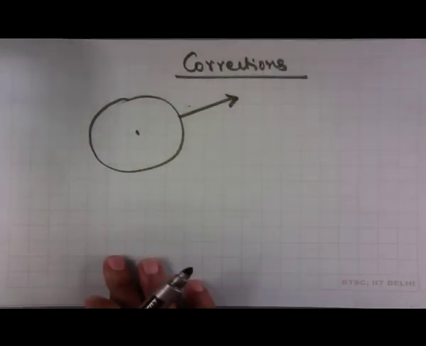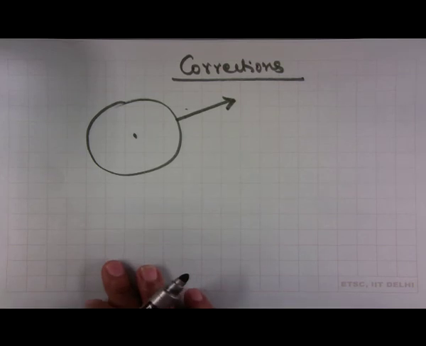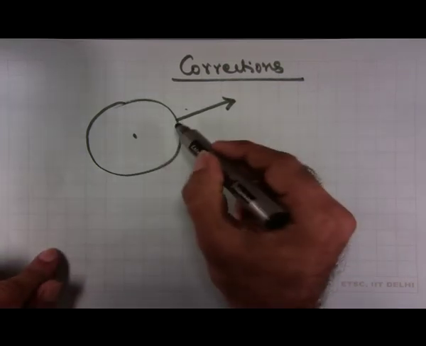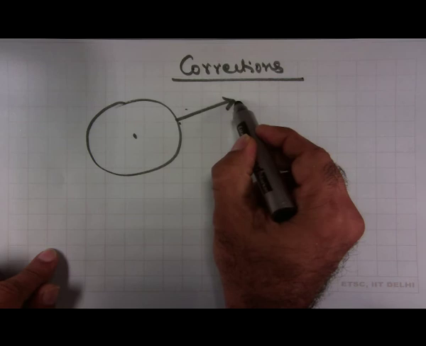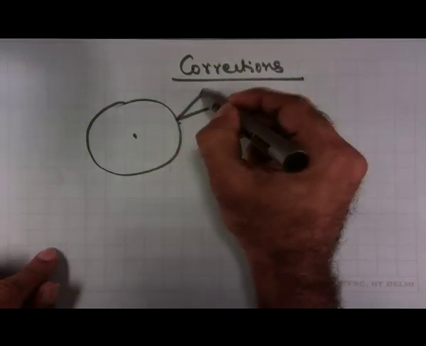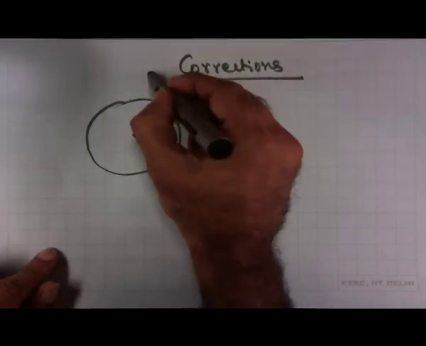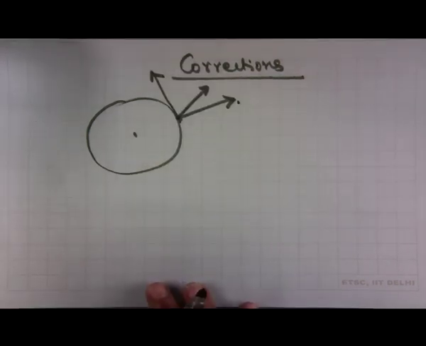And what are these corrections? These corrections are whether I launched the rocket high up in the air perpendicular to the surface, or at an angle, or at a tangent. There are differences.